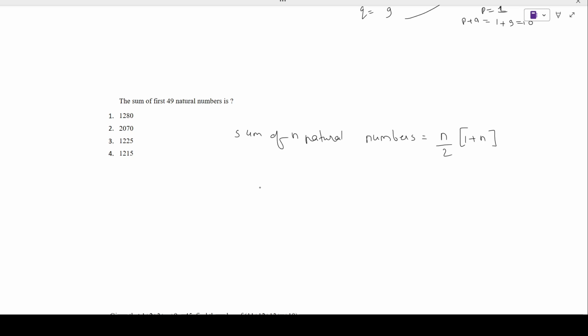So here we are given the value of n is 49. 49 by 2 into 49 plus 1. This will become 50.